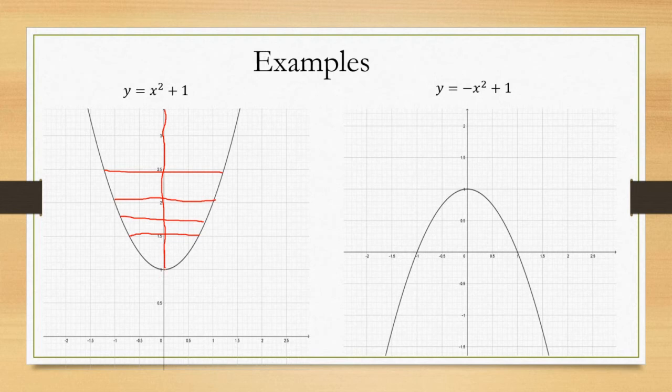So the range is going to be everything from this point down here upward. Whereas here, same idea, except it's pointing down. Right? So if we draw some of those horizontal lines to help us, hopefully you can see that the range is going to be everything from up this top all the way down to minus infinity. Keeps on going. So you do get intervals for the range. One case, it's going to go from something to infinity. The other case, it's going to go from minus infinity to a number. The domain never changes. Just going to say that.